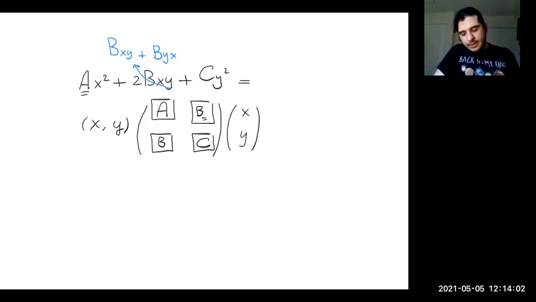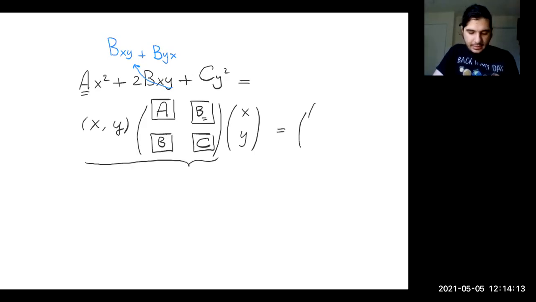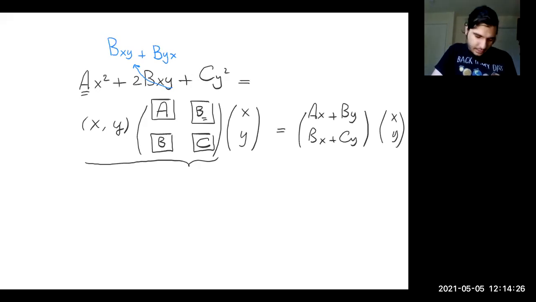So if we do this multiplication, let's see what the result is. We would get the multiplication of the first two: ax plus by, and then bx plus cy. And then we should multiply that by x and y.